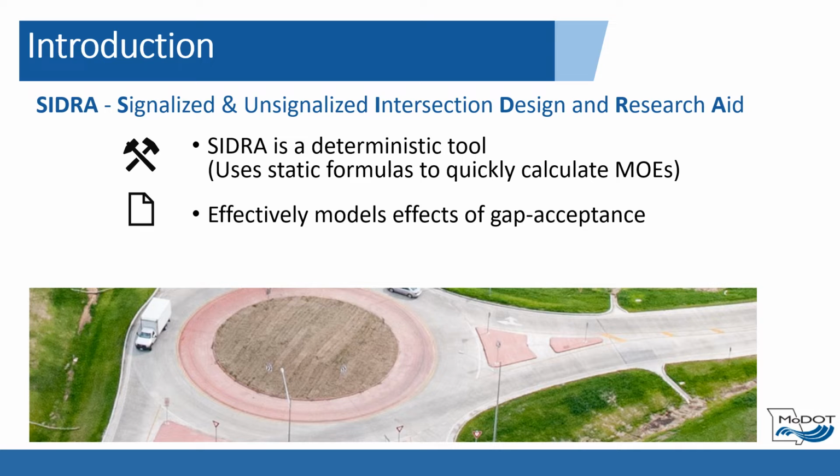SIDRA can be used to analyze a variety of intersection types, but in the United States, SIDRA is primarily used to analyze roundabout operations because of its ability to model the effects of gap acceptance, including roundabout geometry, on roundabout levels of service, LOS. Roundabout analysis is a strength of the SIDRA analysis tool.